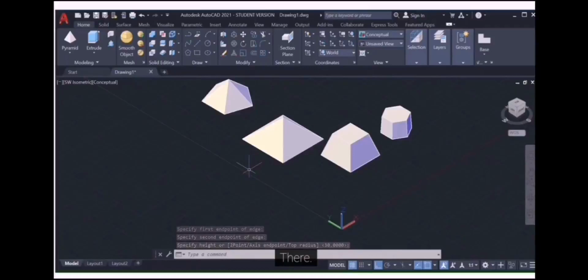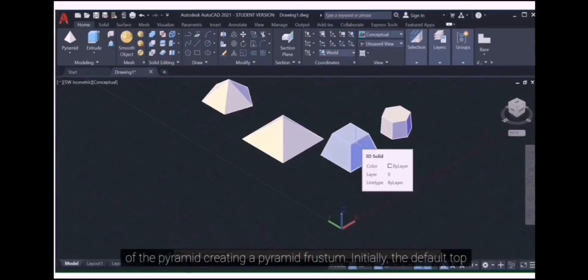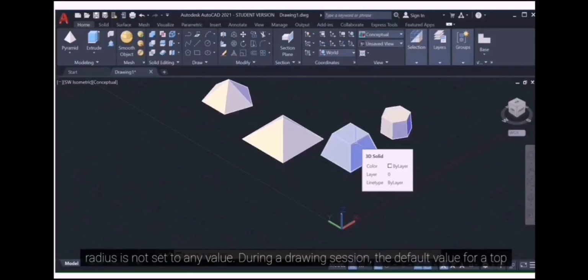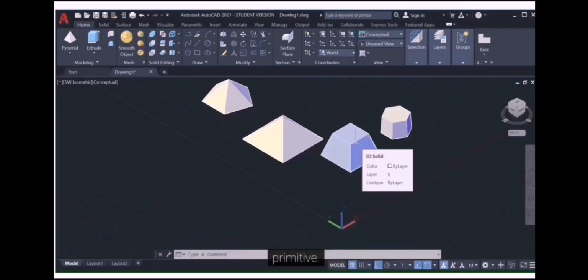Top radius, like this, specifies the top radius of the pyramid, creating a pyramid frustum. Initially, the default top radius is not set to any value. During a drawing session, the default value for the top radius is always the previously entered top radius value for any solid primitive.